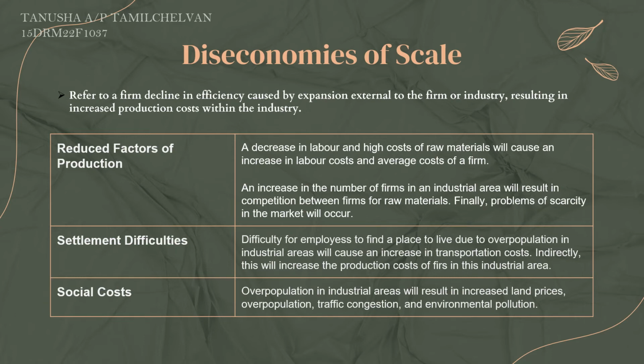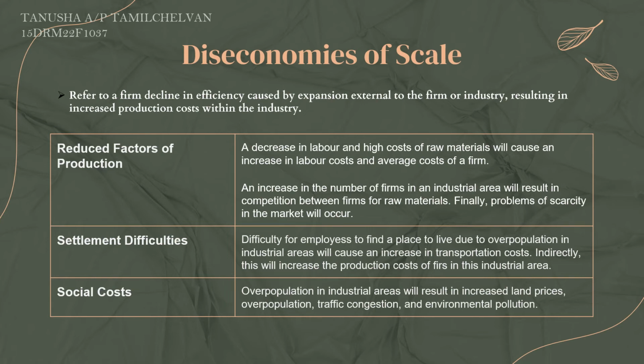Secondly, problems of settlement in the area will occur. Settlement difficulties: difficulty for employees to find a place to live due to overpopulation in industrial areas will cause an increase in transportation costs.